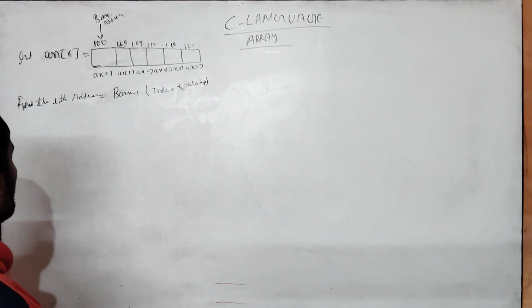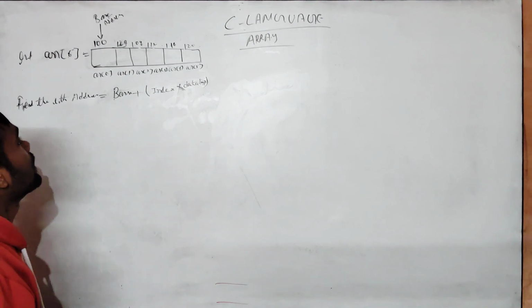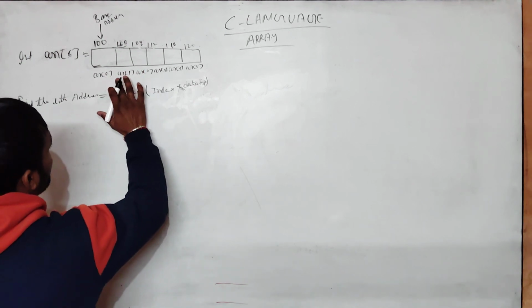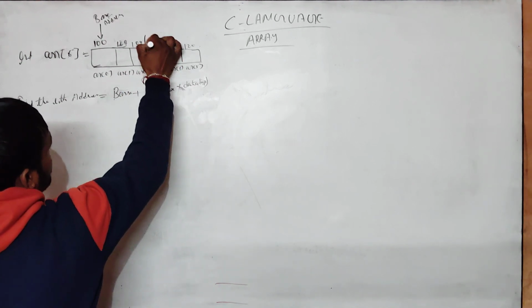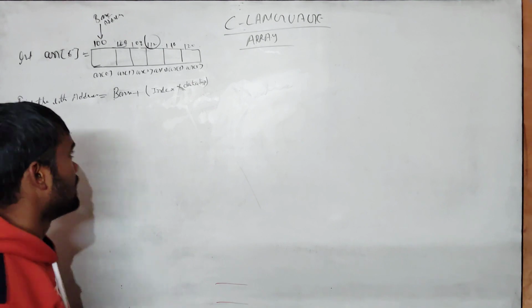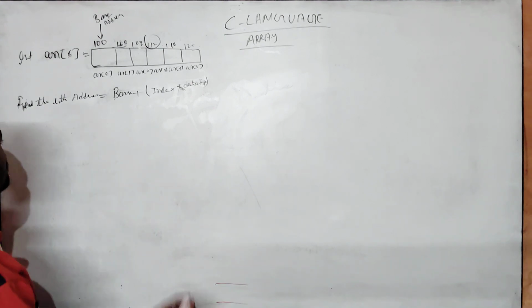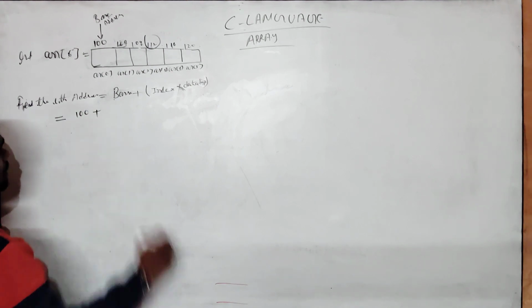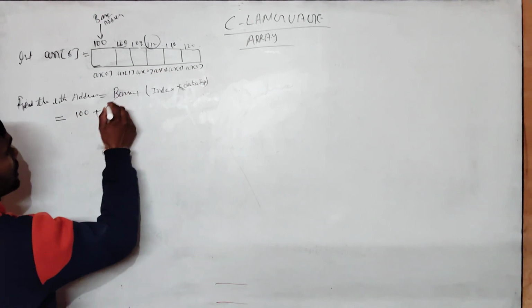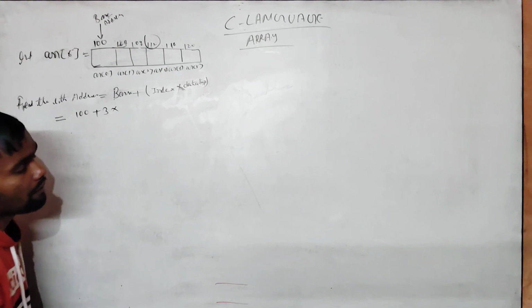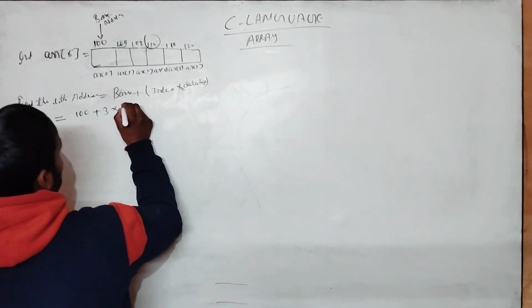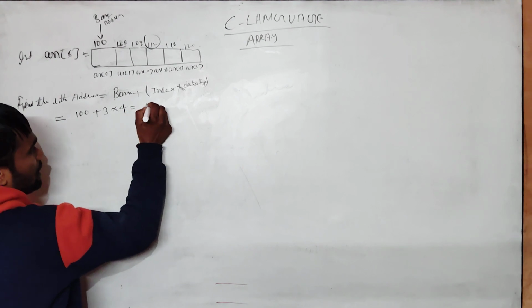Let's see how to find this address. Here the index values are 0, 1, 2, 3. I want to find this address. Firstly, the base address is 100, plus index value 3 times the size of the data type, which is 4.